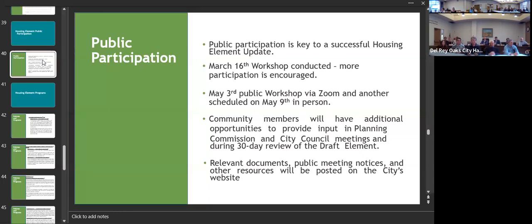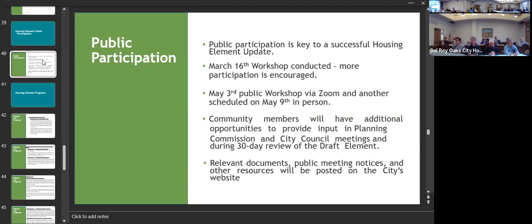We have an opportunity tomorrow to meet with the planning commission, and there's an item on the agenda. This is just a start. What we're doing now is putting together a draft that is going to be on the city's website for 30 days.